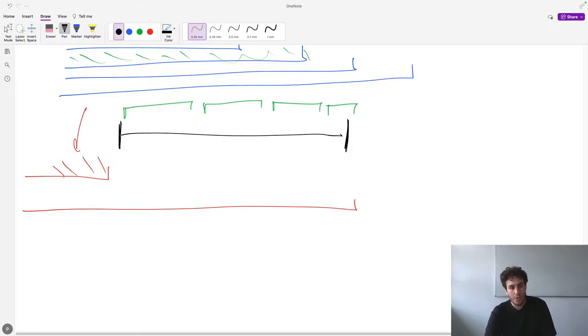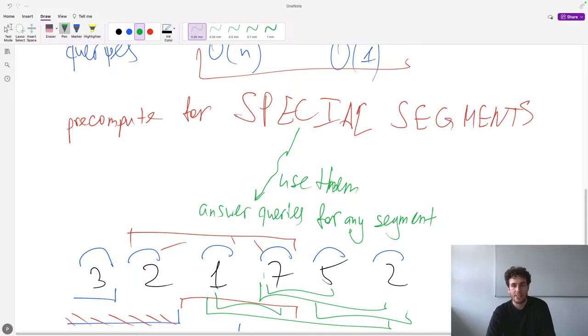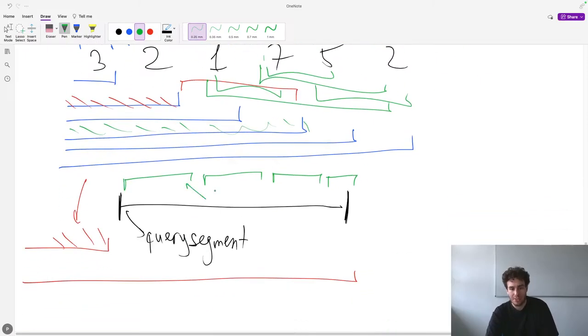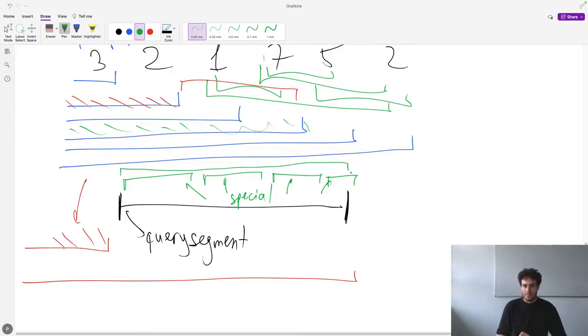So this query segment is created out of these special pre-computed segments. And we want the number of these segments to be as small as possible. So if I want to use only a single special segment per query, right?